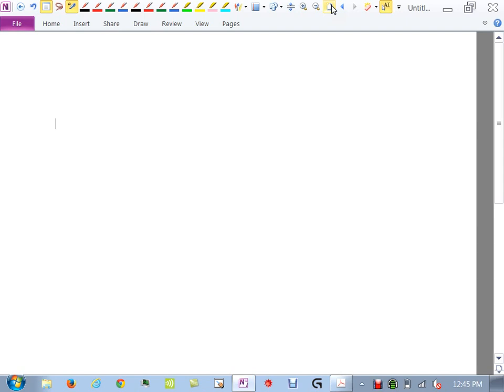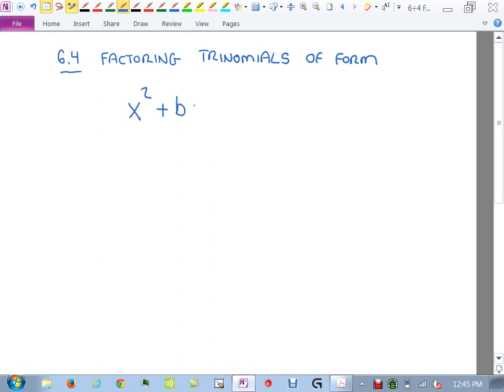I know that doesn't make a whole lot of sense to you, but just trust me, I think it's going to work out better. 6.4, factoring trinomials of the form x squared plus bx plus c.